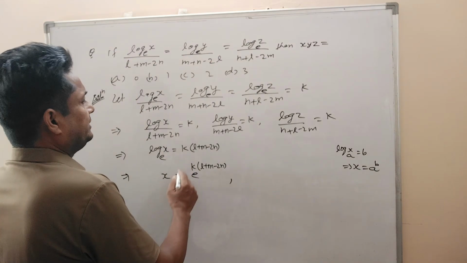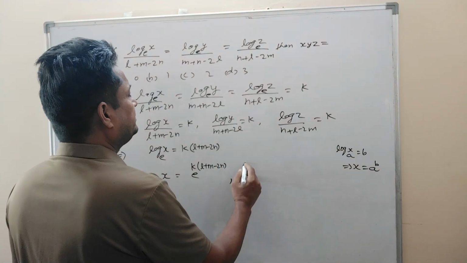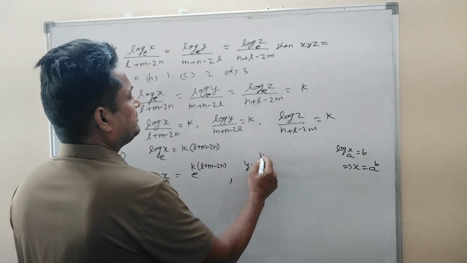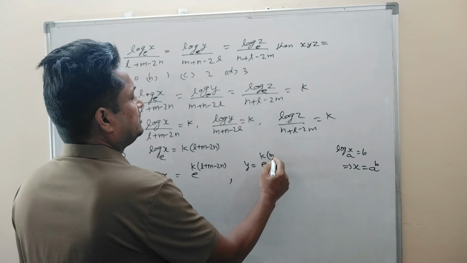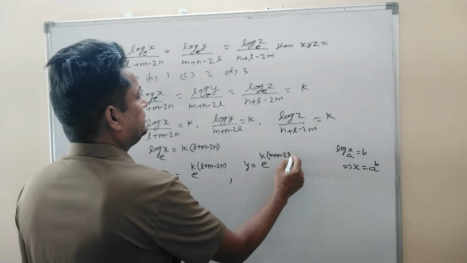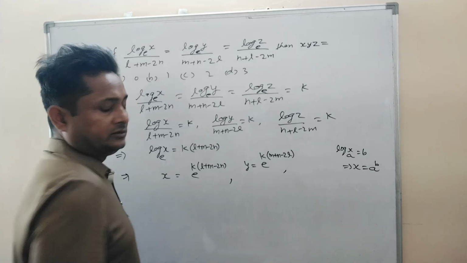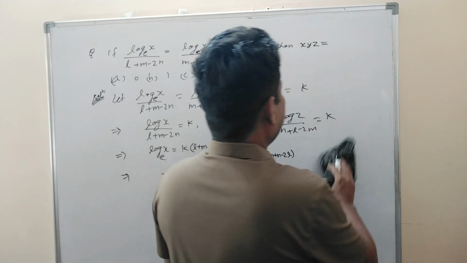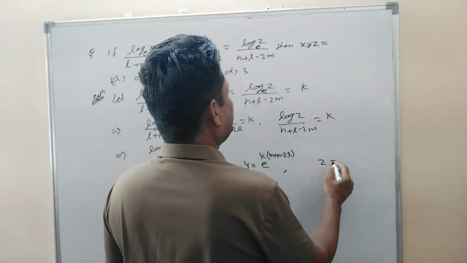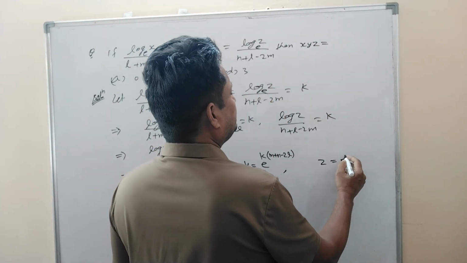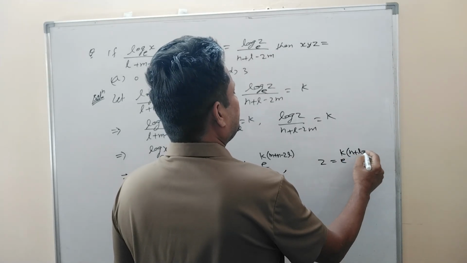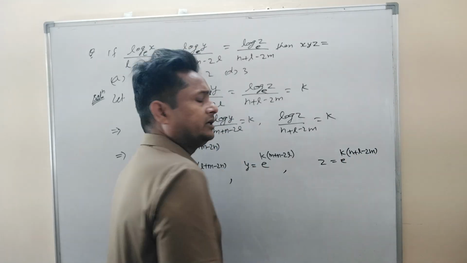In the same way, y is equal to e to the power k times (m + n - 2l), and z can be written as e to the power k times (n + l - 2m).